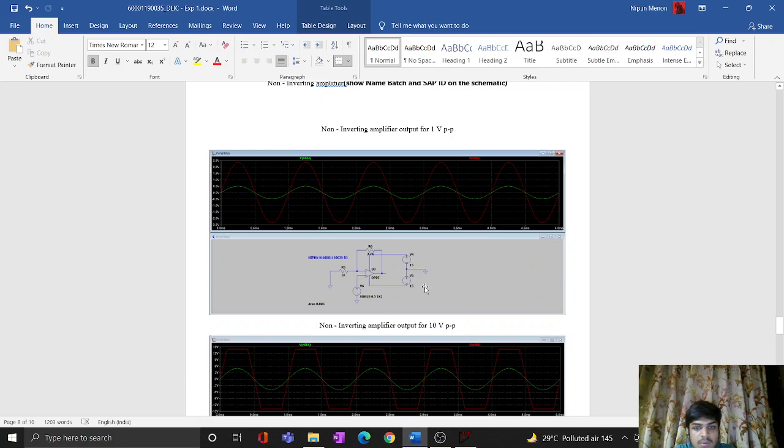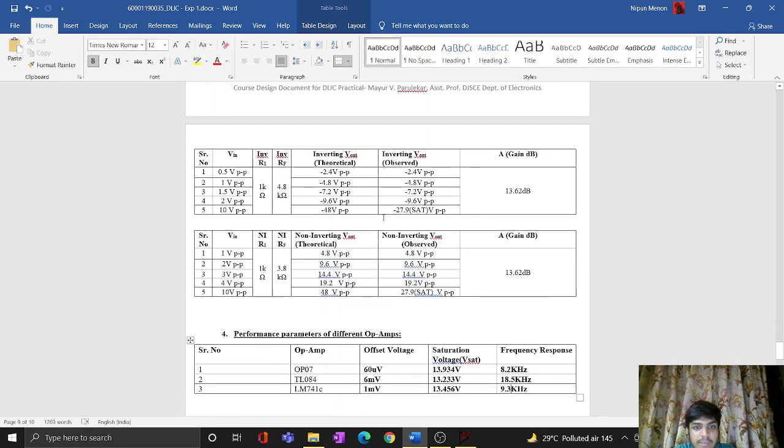I have made a table here for all the input voltages for both inverting and non-inverting amplifiers.